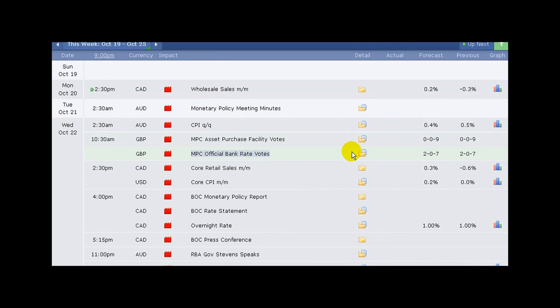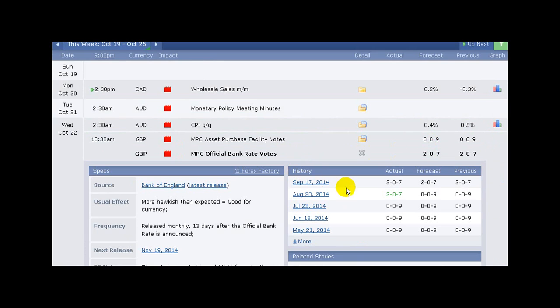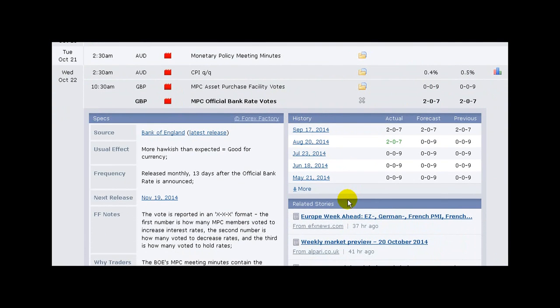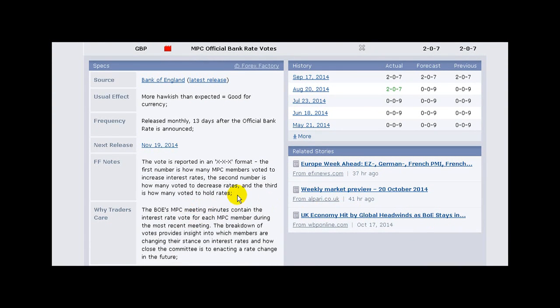What that basically means is, if we look at the description here, the first number is a vote to increase the bank rate, in other words the interest rate on the GBP. Second number is the number of people that wanted to decrease it, and the third number is the number that wanted to keep it as it is.